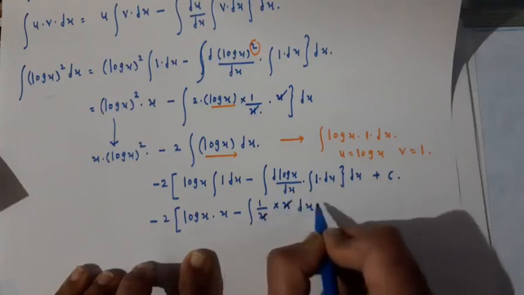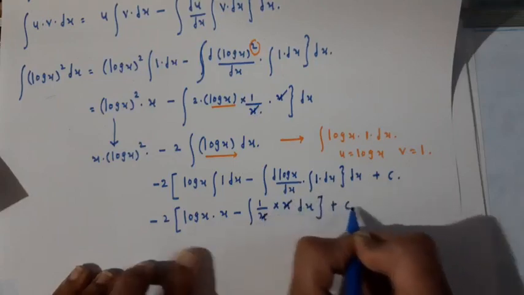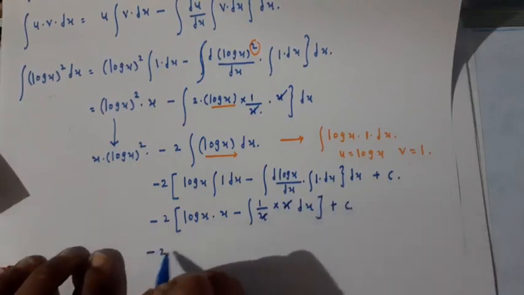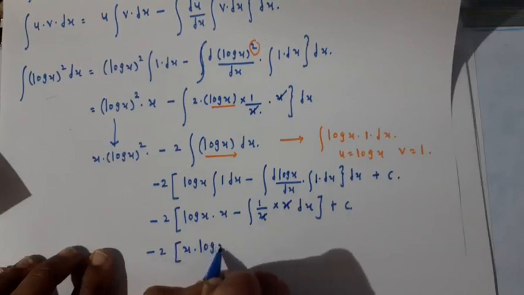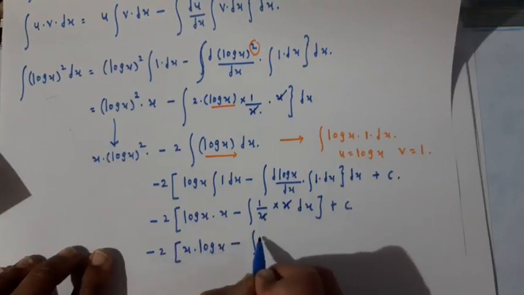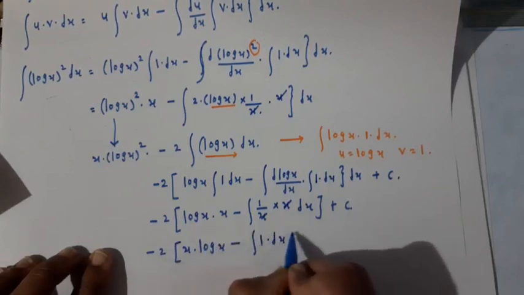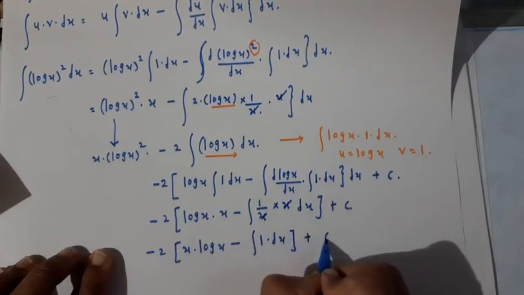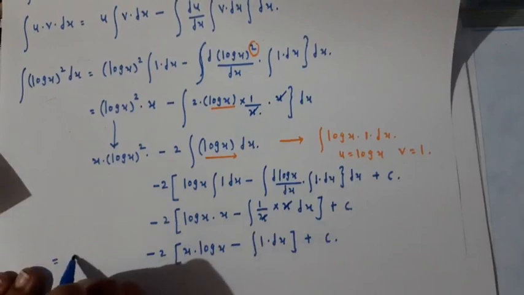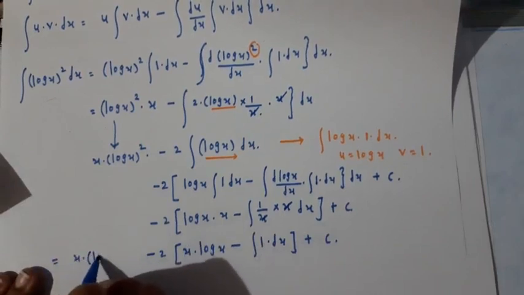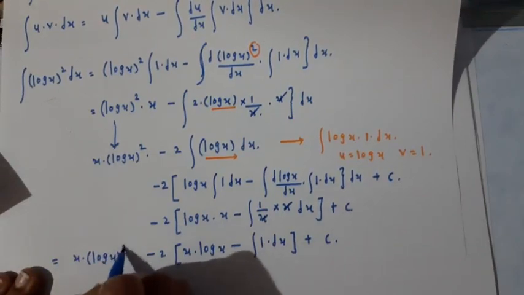So here x gets cancelled, and now we have minus 2 x into log of x minus the integration of 1 with respect to x, plus the constant of integration c, and this is equal to x into log of x whole square.